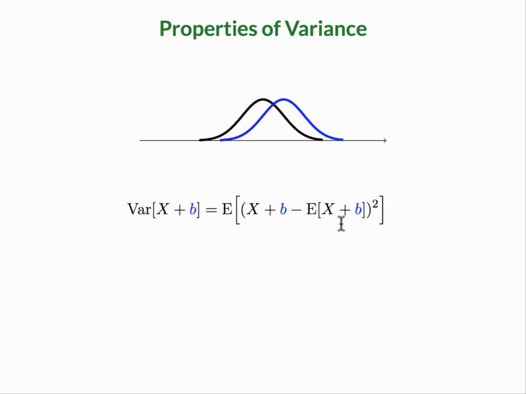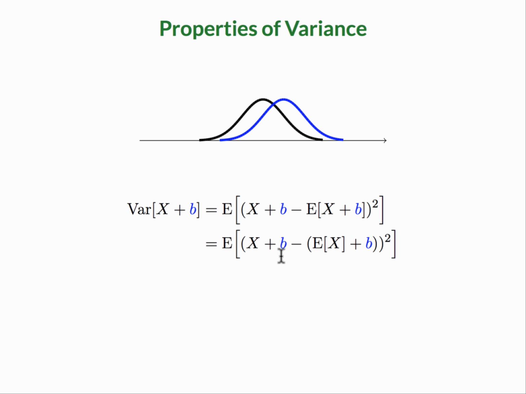But x plus b is another one of those special functions where you can apply the function and the expected value in any order. So I can pull out that plus b from the expected value. So the expected value of x plus b is just the expected value of x plus b. I need to be careful and group the resulting two terms in parentheses. That will remind me that I have to distribute this negative sign.